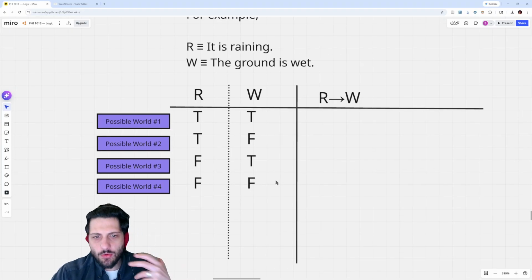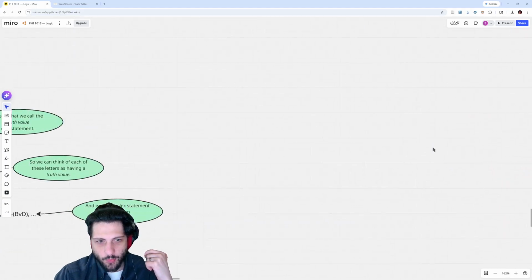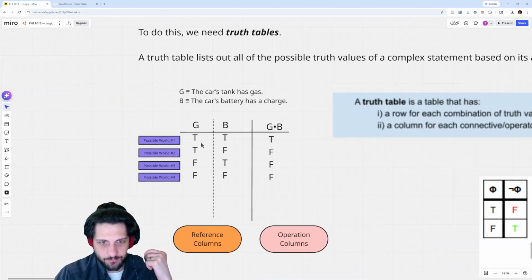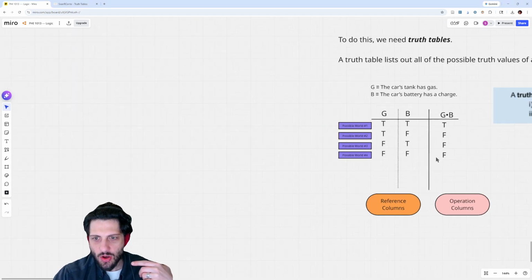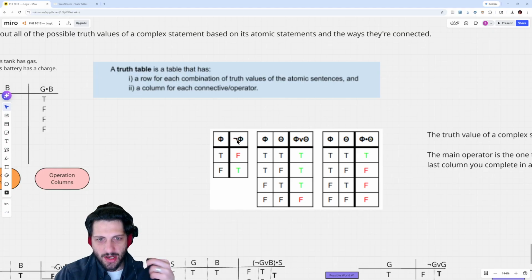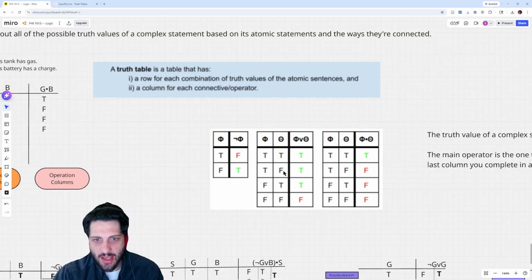So now what we want to think about is this. Last time we were doing the same sort of thing, and we looked at and. We also looked at or and negation. Last time we looked into, if my left side is true and my right side is false, and it's an or statement, I'm still going to call it true.